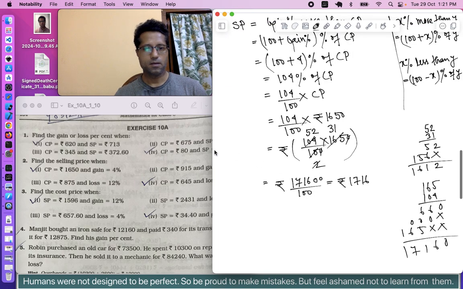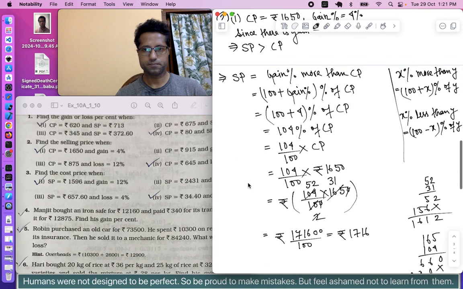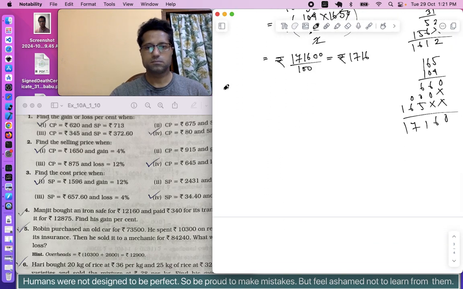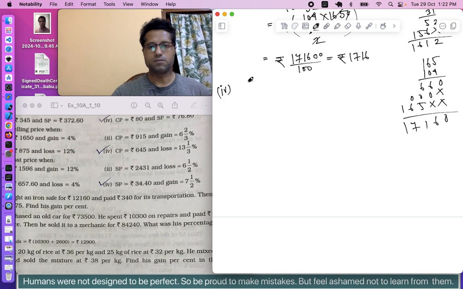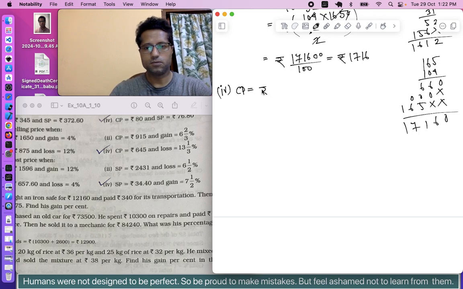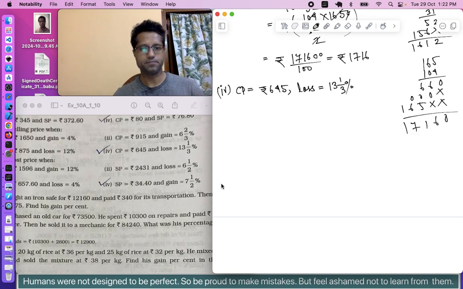Okay, let's do part 4. Cost price is given to be rupees 645 and loss is given to be 13 and 1/3 percentage.